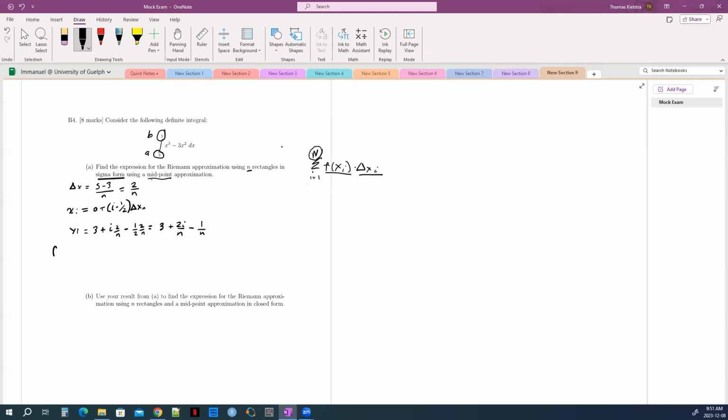So from here, we're going to compute what f of xi is. What we're going to do is take this expression here and plug it into this equation here.